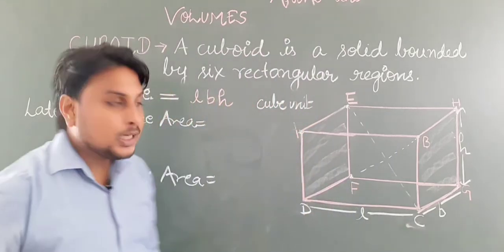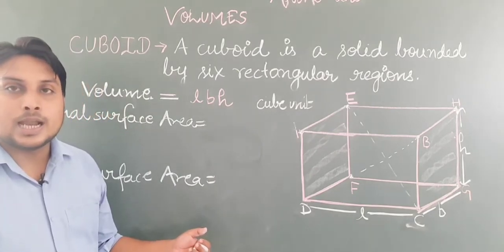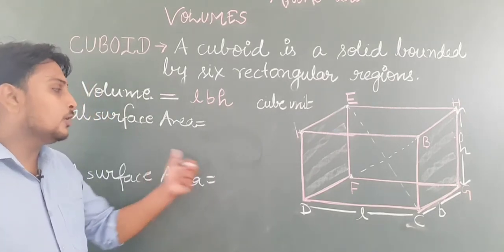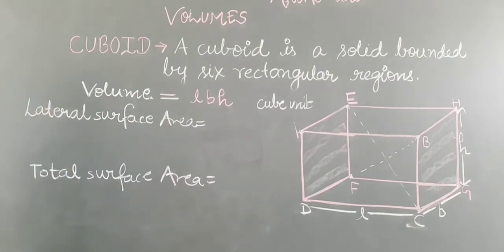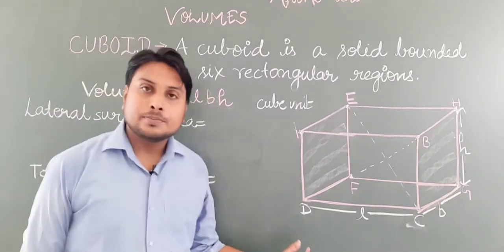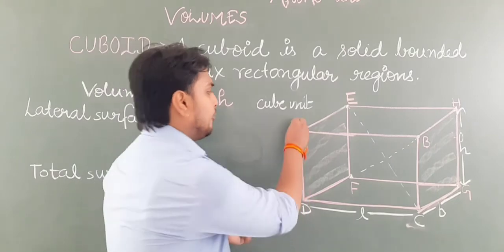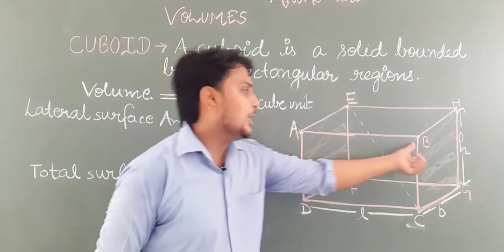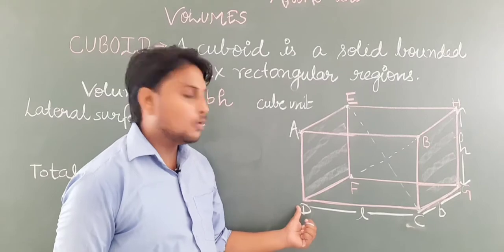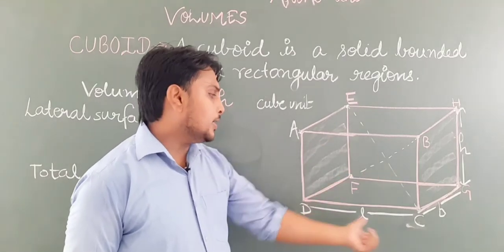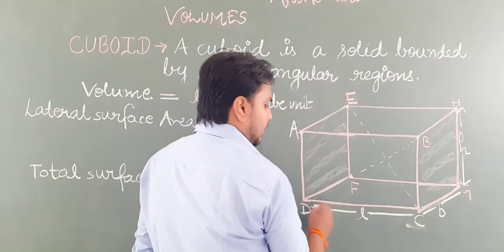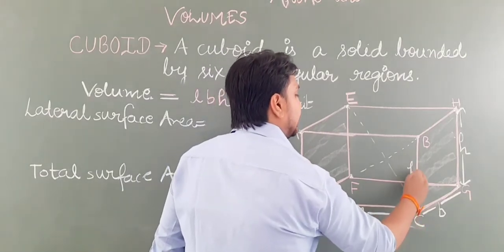So firstly let us know what will be the total surface area, and then I will tell you what will be the lateral surface area. In total surface area, all the 6 rectangular faces will be there. If we talk about the surface ABCD, you can see that here it is length and this is height.